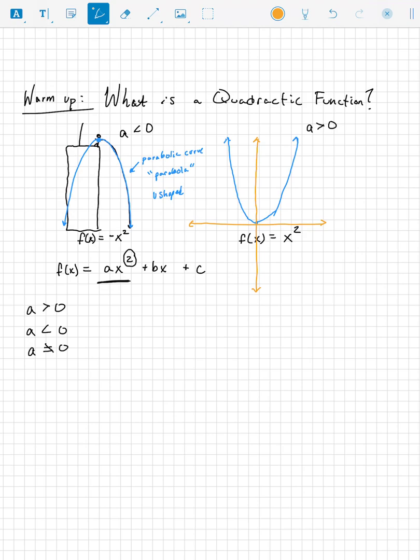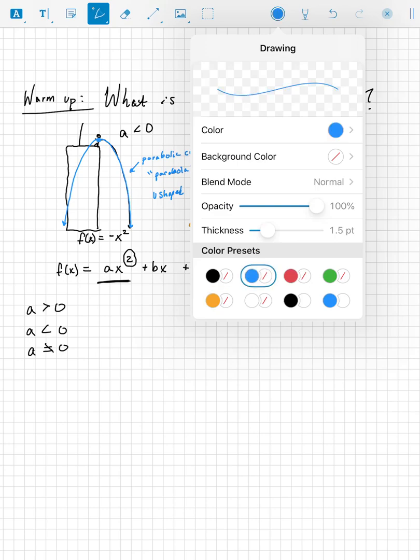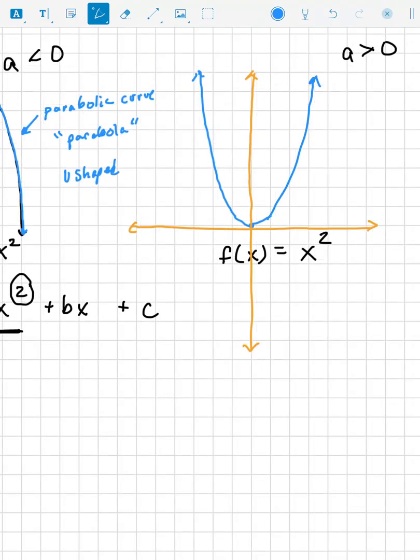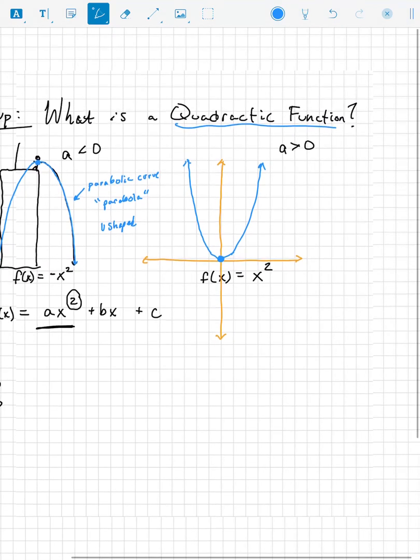Now, there's a couple of features we also want to bear in mind when we graph these functions. Every one of these quadratic functions has a minimum or a maximum value. It has a low point or a high point in the graph.